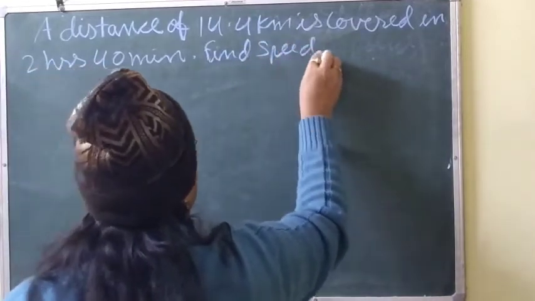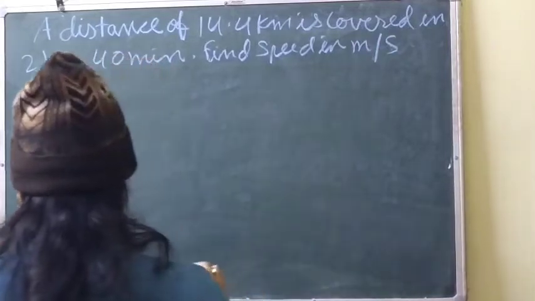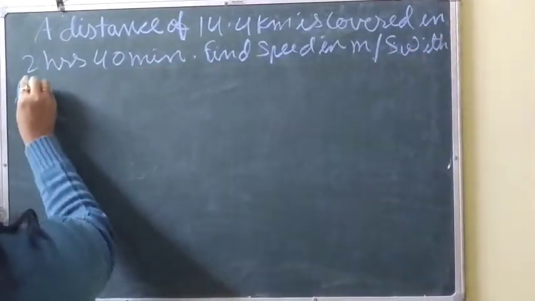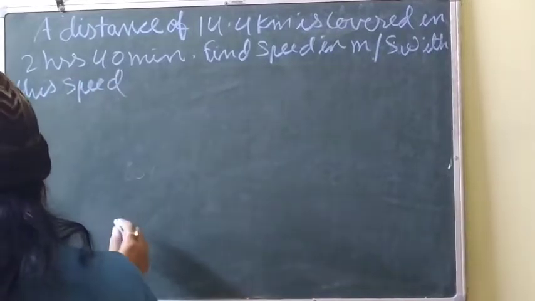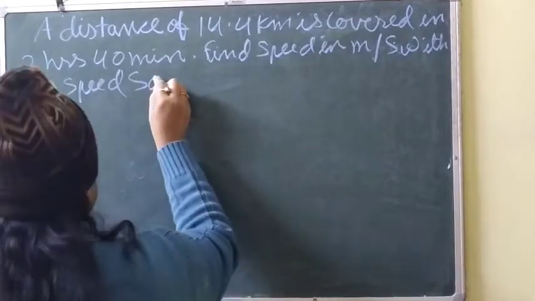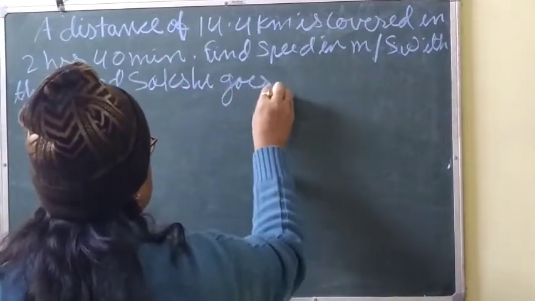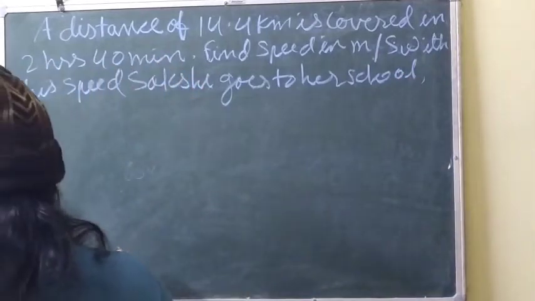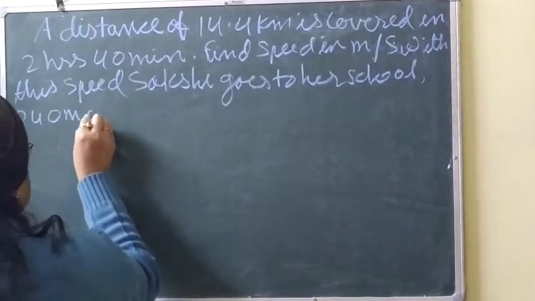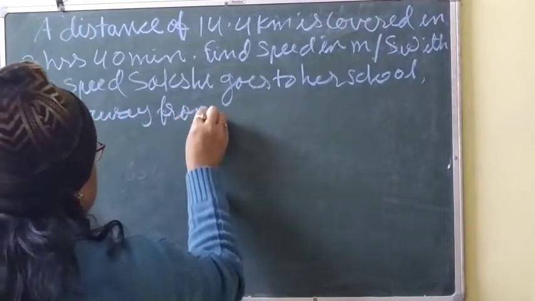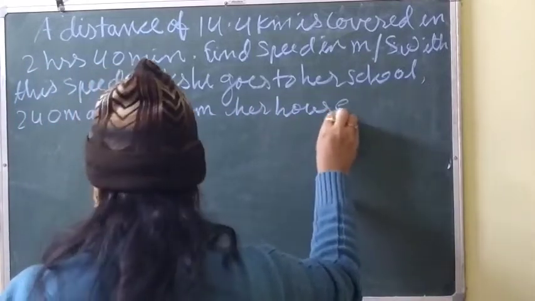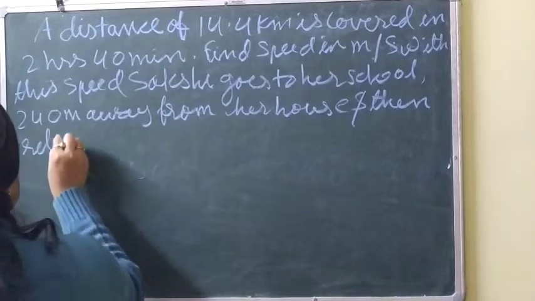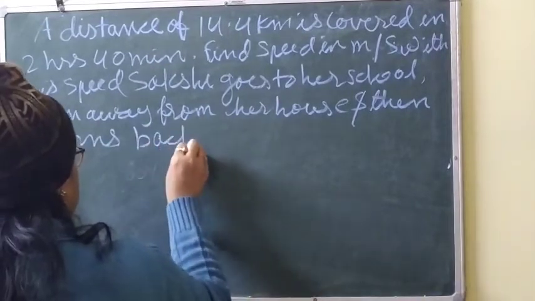With this speed, Sakshi goes to her school 240 meters away from her house, and then returns back.